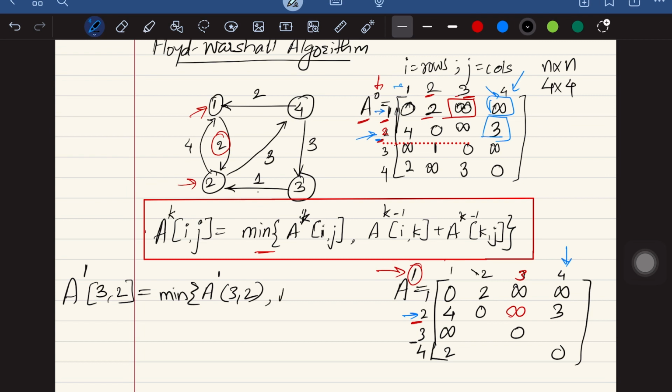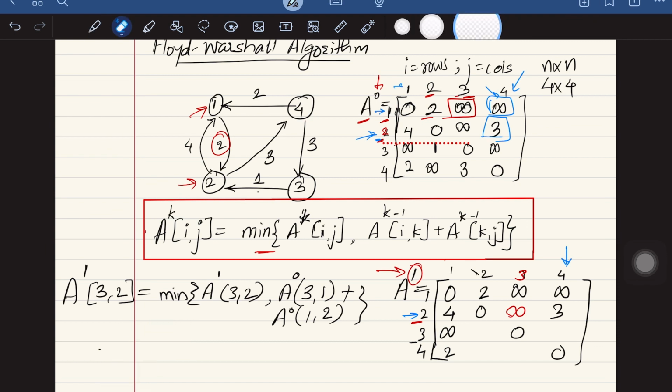Or it's like from the previous matrix, just check whether we can find 3 to 1 plus a of 1 to 2, right? And we calculate the minimum of this. So the minimum for a 3 to 2.